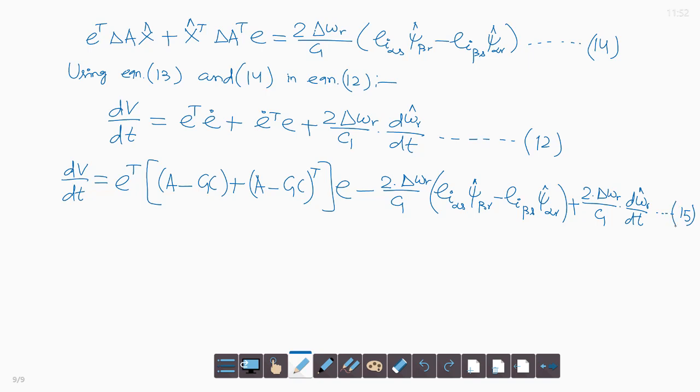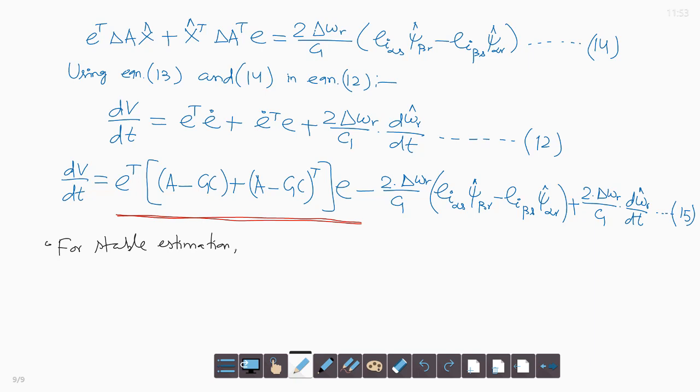So, now in equation 15, if we analyze, if the observer is properly designed, this bracketed term will decay to 0 because A minus GC has eigenvalues with negative real part. So, for stable estimation, that means all the estimation errors should decay to 0 with time.